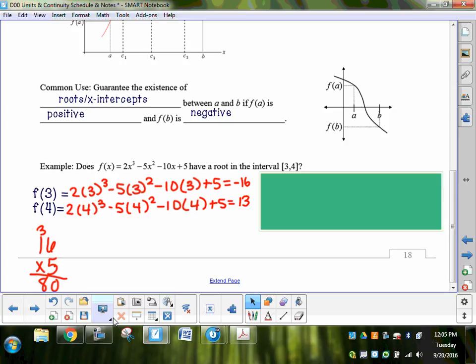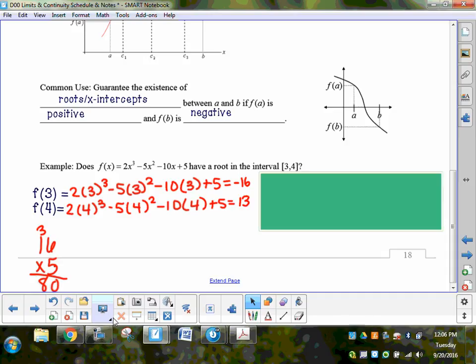You need to state that the given function, f of x, is continuous. And it's got to be continuous. Well, we'll show you the definition. You need to state that it is continuous and that something happened with the function values, that your value resides between f of 3 and f of 4.